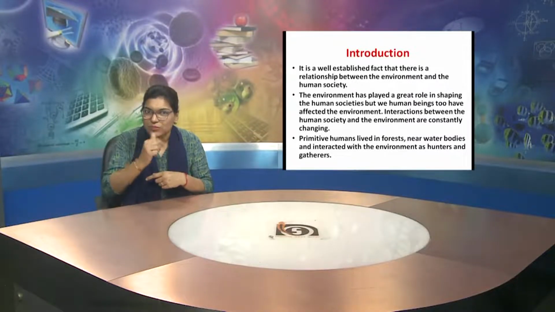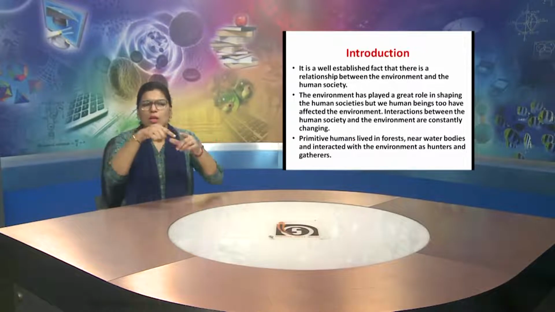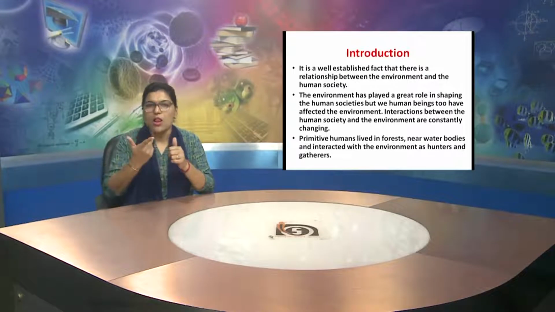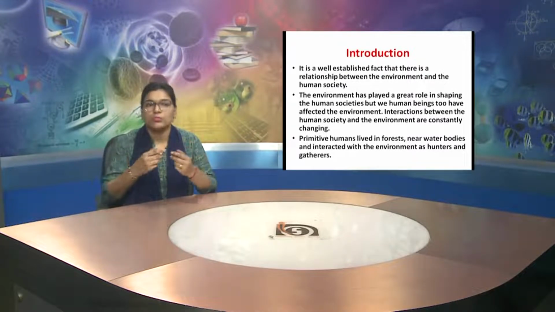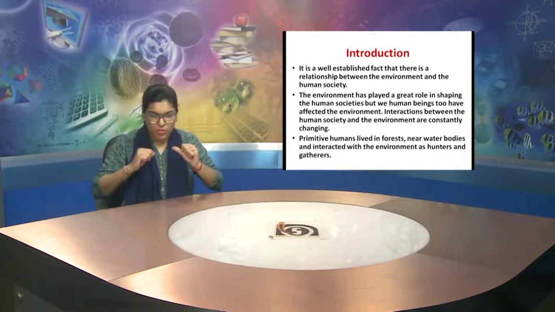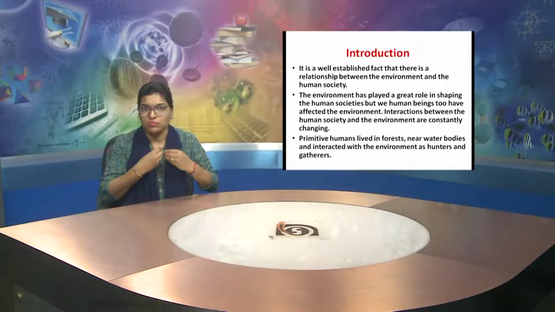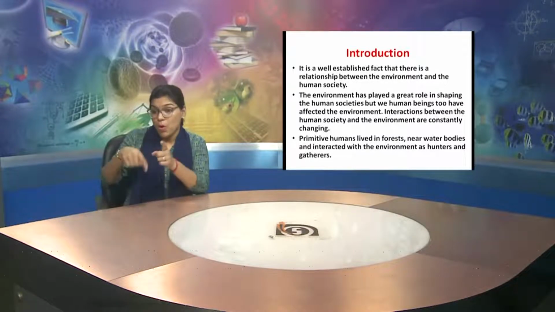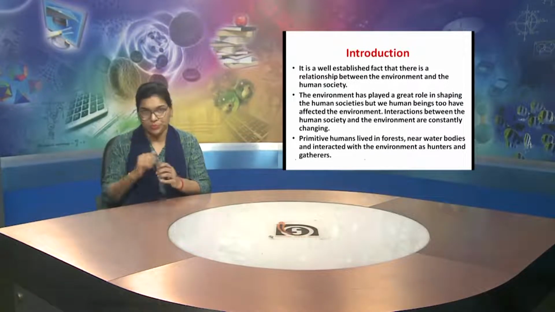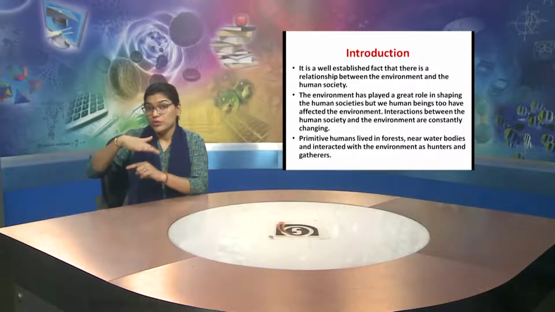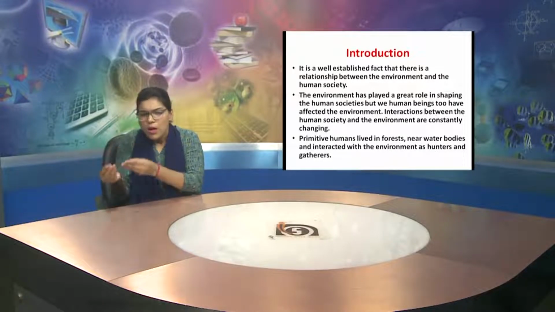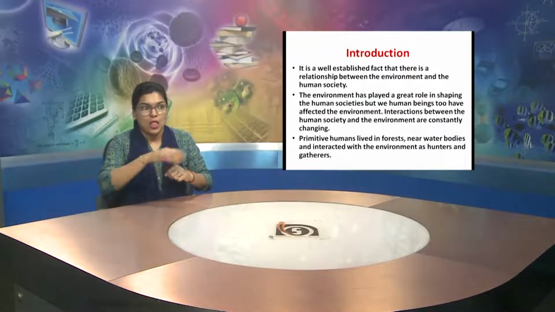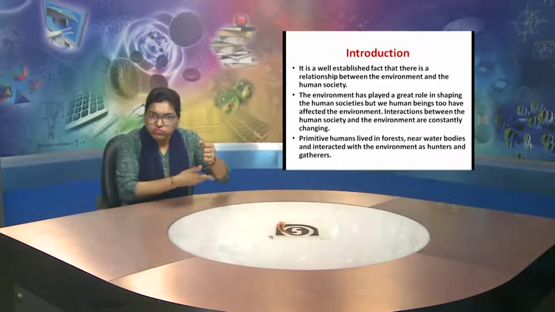As we all know, we use different resources from the environment. We get food from the environment, we eat so many things, there are vegetations available in the environment, these are our basic needs. So all these things we get from the environment and the human society uses them all. But we should also be aware that, in return, we humans also influence the environment.